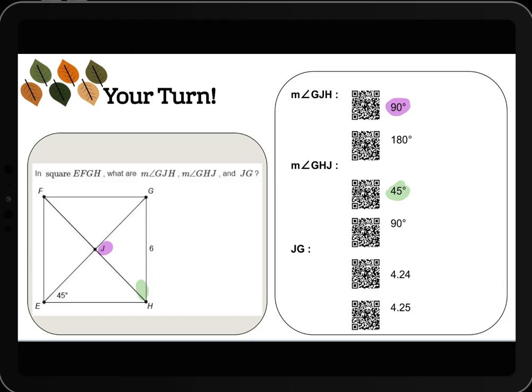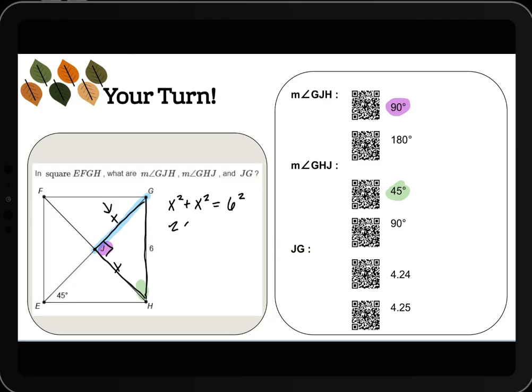And for the length of J to G, which is the segment length here, we know that we're missing this length, which we'll go ahead and call X and X. We want J to G specifically. So we know that X squared plus X squared is equal to 6 squared, because remember, this is the right triangle that I'm looking at where the hypotenuse is 6.